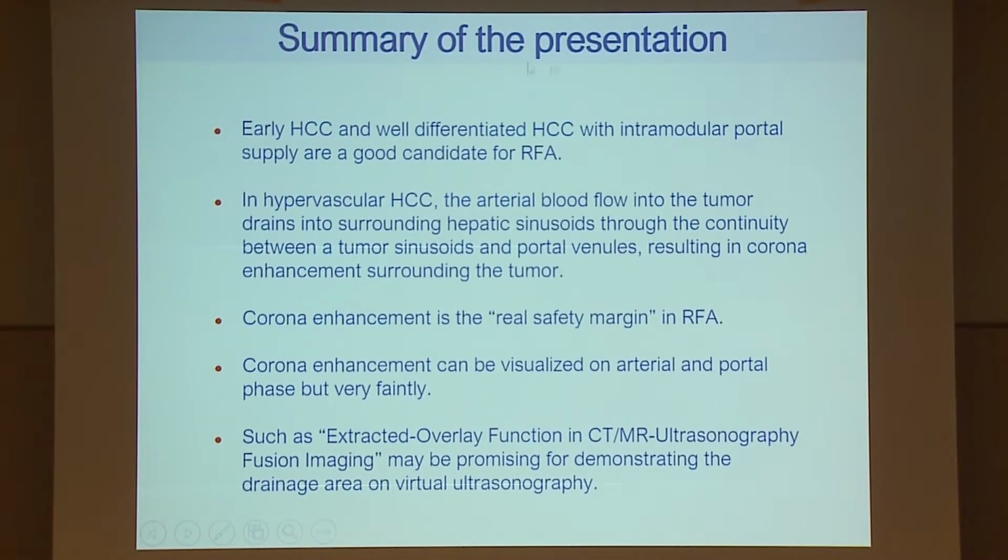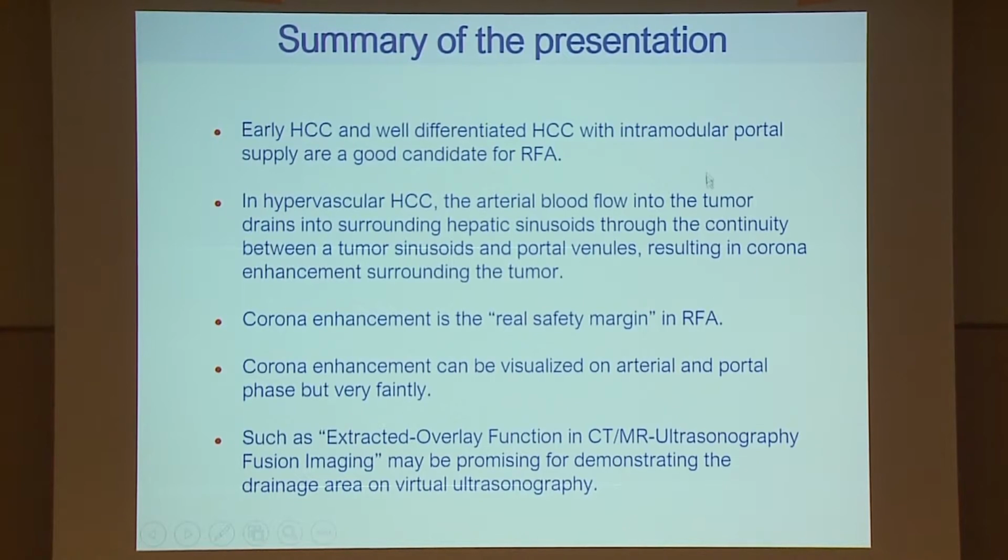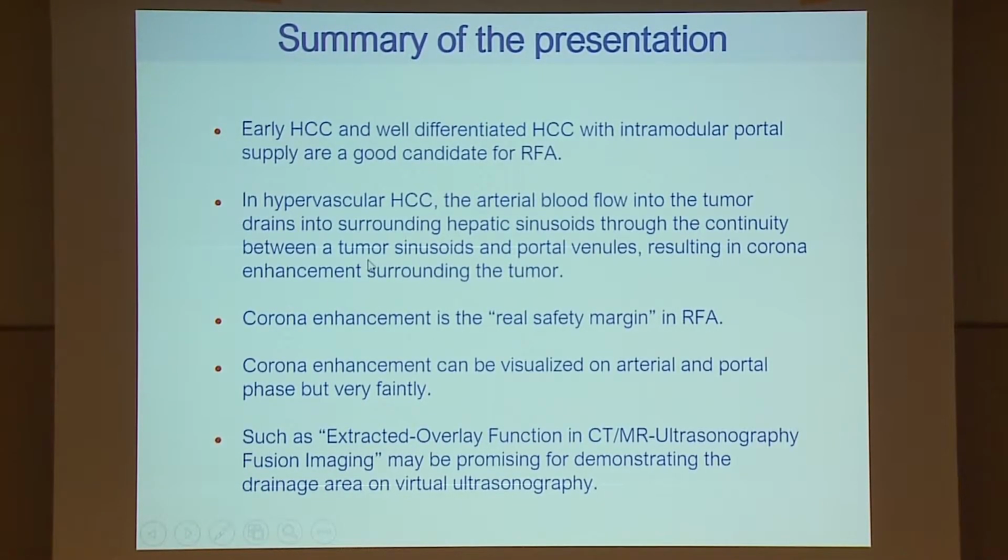So this is the summary of my presentation. RSCC and well-differentiated SCC with internodular portal supply are good candidates for RFA. In hypervascular SCC, the arterial supply, blood flow into the tumor, drains to surrounding hepatic sinusoid and through the continuity between tumor sinusoid and portal venules, resulting in a coronal enhancement in the surrounding liver.